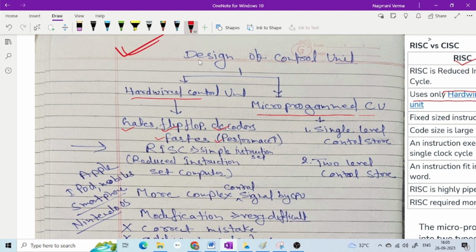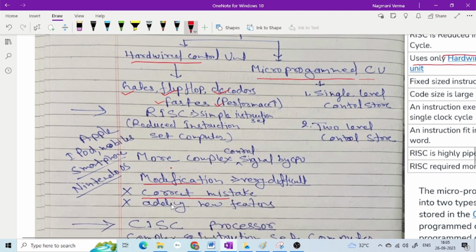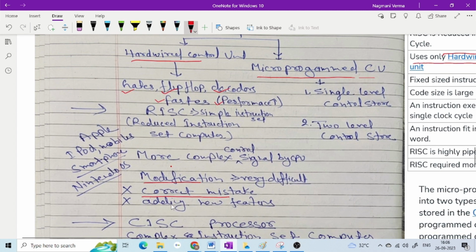But as it is made completely of hardware, it is very difficult to modify. If there are any mistakes, we cannot correct them, and if you want to add any features, that is also not easy.